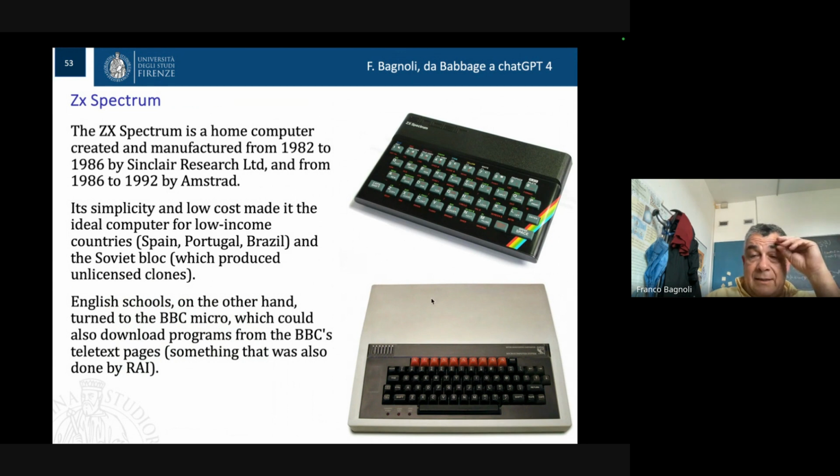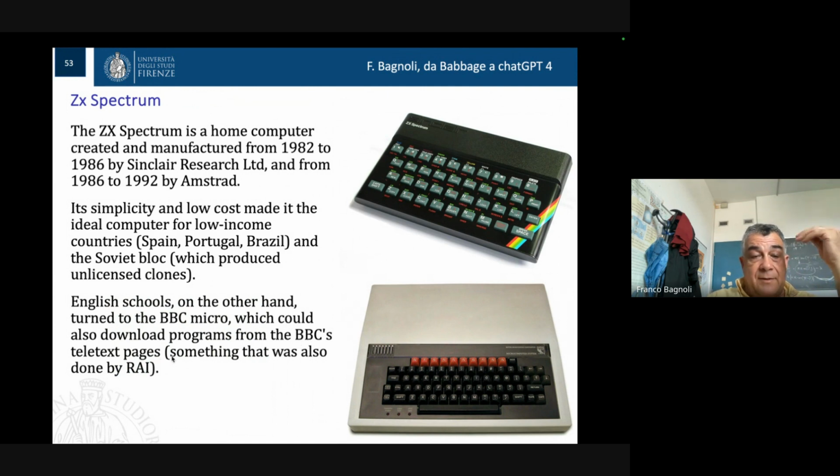While on the other hand, in the UK, there was a more prestigious competitor, the BBC Micro, which was offered to schools, a bit more sophisticated, and that could download programs from television, because of the teletext pages.